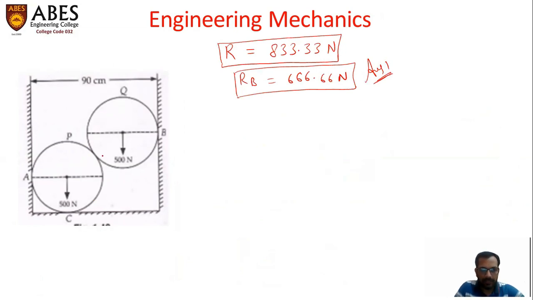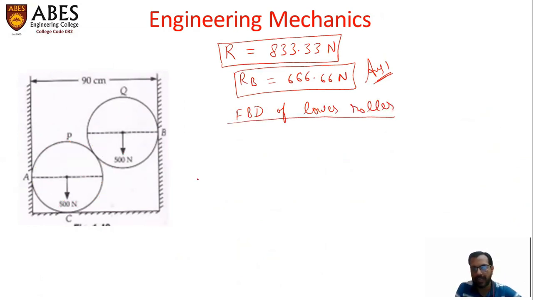Now, let's consider the free body diagram of the lower roller. So let's draw it. This is the weight of the lower roller, which is 500 newtons once again.